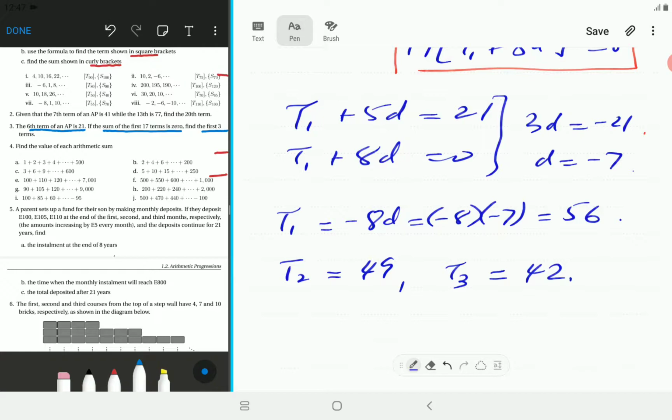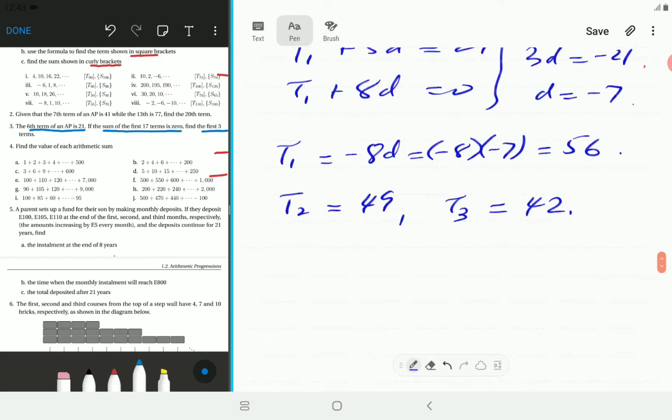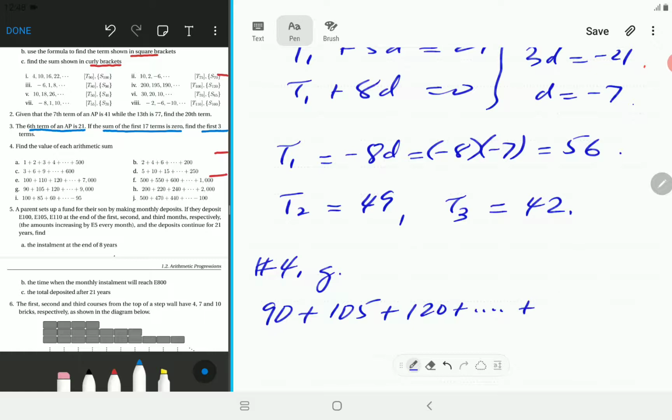So we're going to start with number 4G. Okay. So number 4G, we have the following sum. Find the sum of 90 plus 105 plus 120, and then all the way to 9,000.